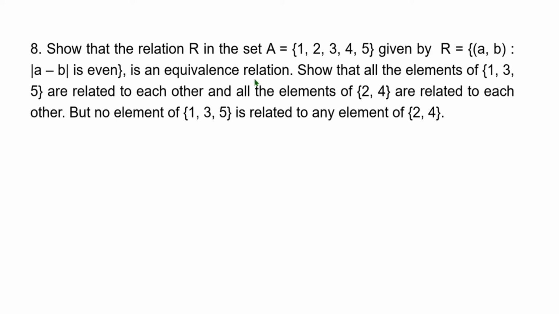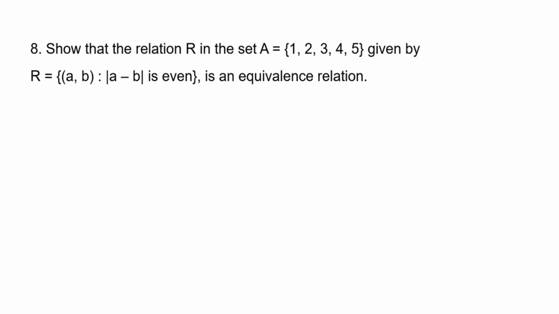So first we will do the first part. First we will show that this is an equivalence relation. To show that R is an equivalence relation, we have to show that R is reflexive, symmetric and transitive.